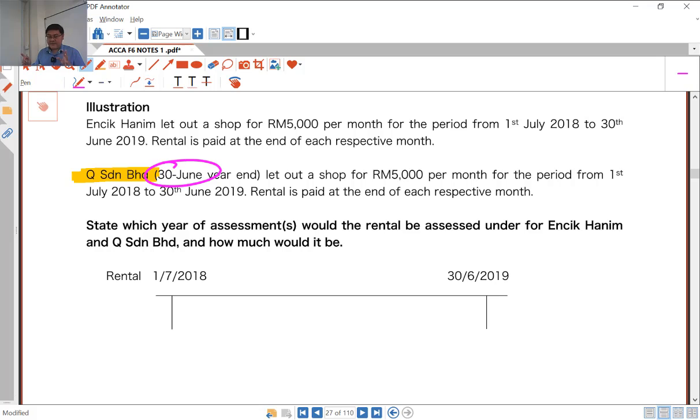The rest is all the same, 5,000, 1st July to 30th June. And the rental is paid at the end of each respective month. And the question is, which year of assessment will this rental be assessed if you are Encik Hanim, if you are the company? And how much will it be?